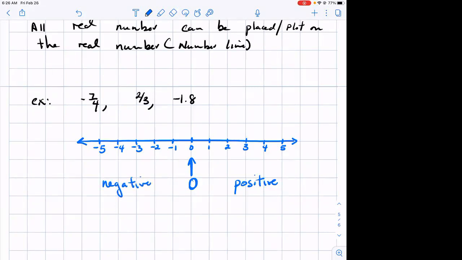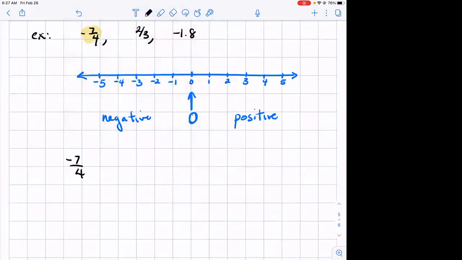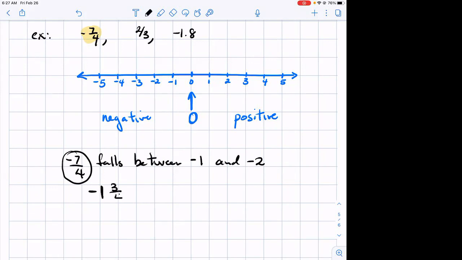Now, if you look at the first number given, -7/4, that will be on the left side of 0. Negative 7 over 4 falls between -1 and -2, because if you simplify it, you get -1 and 3 over 4.